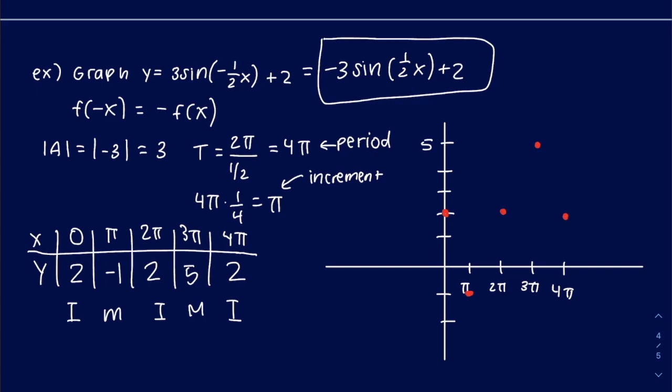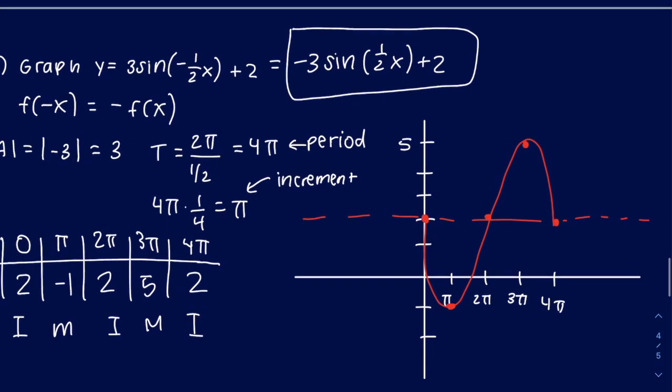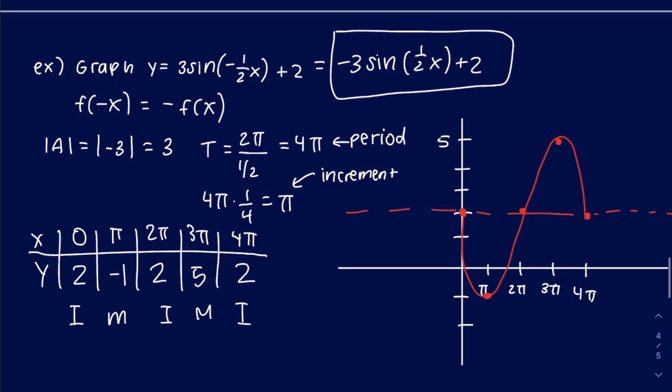So notice that this is the same shape as our sine graph from earlier, except our increments are different, our amplitude is different, and we have shifted this function up 2 units. So that means that our y equals 0 is now y equals 2. So this is what one period of this graph looks like.